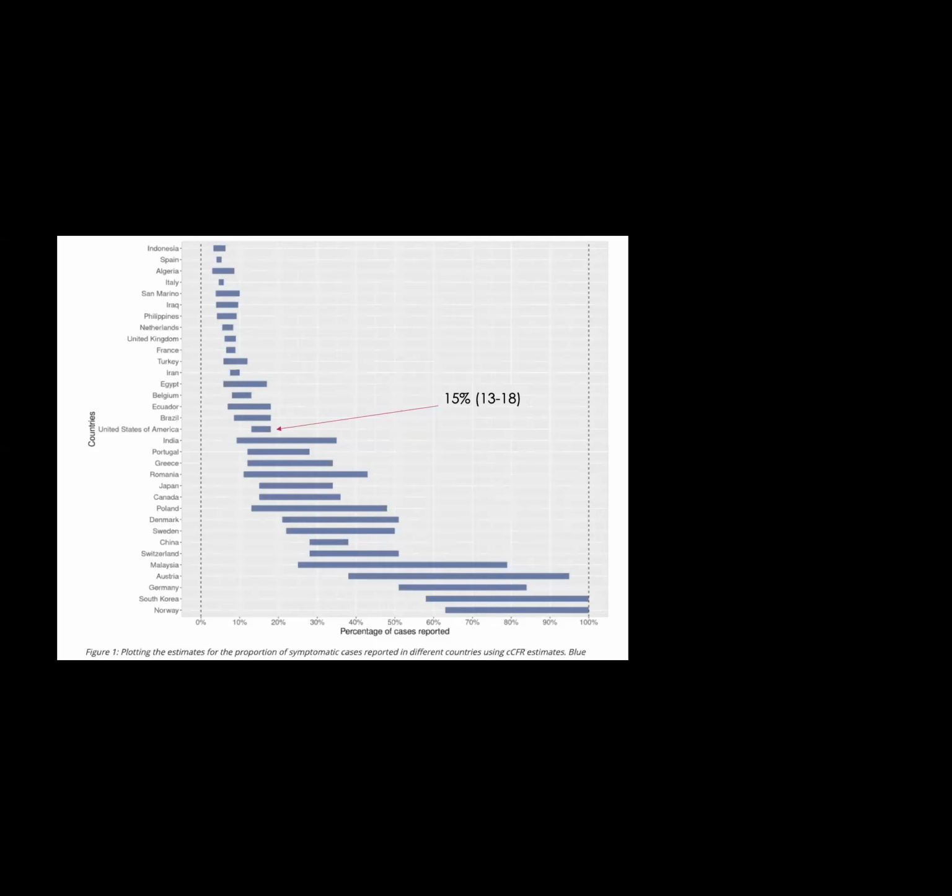Based on that, if you divide that figure, you can back estimate what percentage of cases are being reported. Currently, using these kinds of metrics, the estimate is that in America, 15% of the cases are being reported. So the actual number is that multiplied by 7 or 8 times.